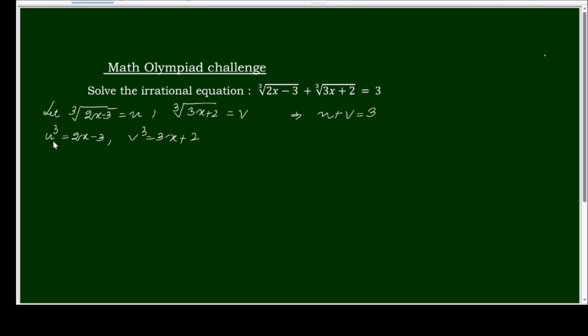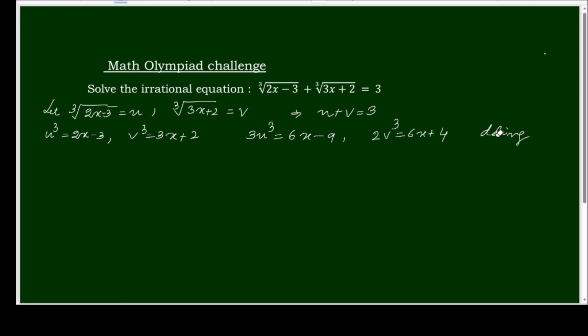If I multiply 3 with u cube, I'll get 3u cube equals 6x minus 9. And if I multiply 2 with v cube, twice v cube equals 6x plus 4. Now adding these two, it's not adding, I'll subtract, then only x will be cancelled.